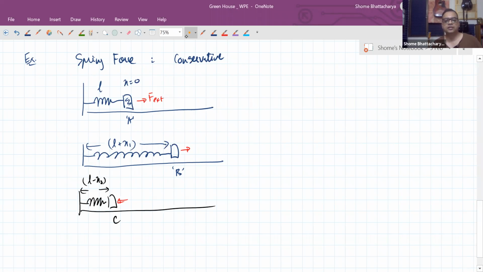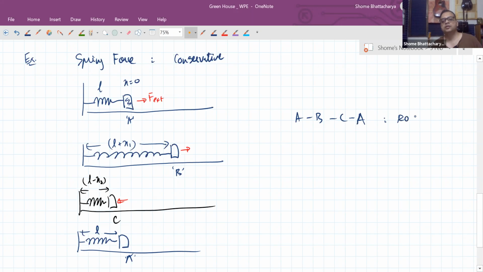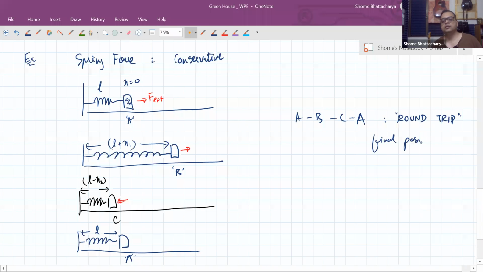And then again, eventually allows the spring to come back to its natural length state. So back to A, where it started from. Okay. So A to B to C to A. This is a round trip. It's not round in shape, but it's a round trip because the final position is back to the initial state.